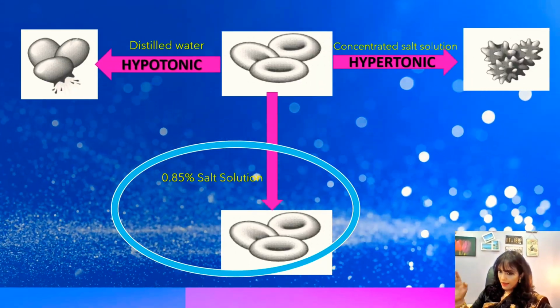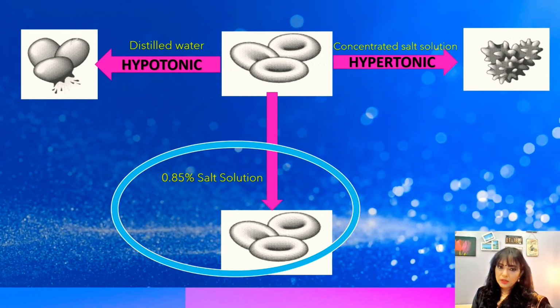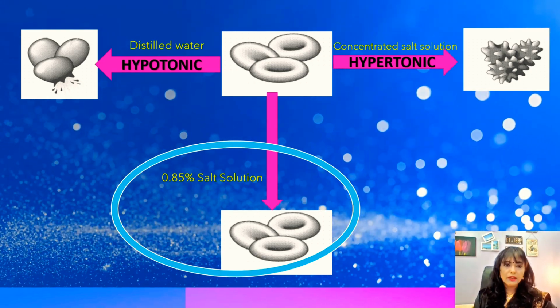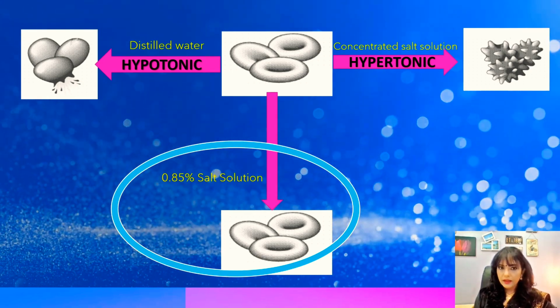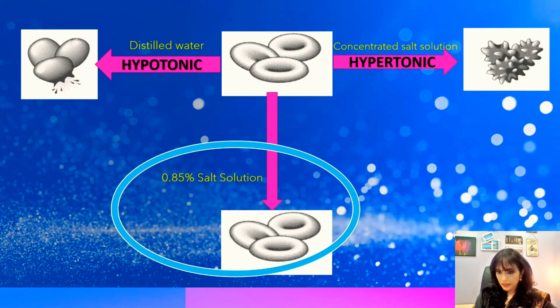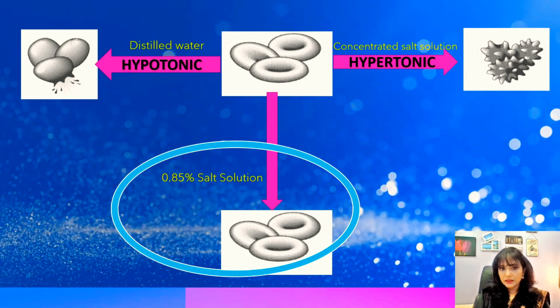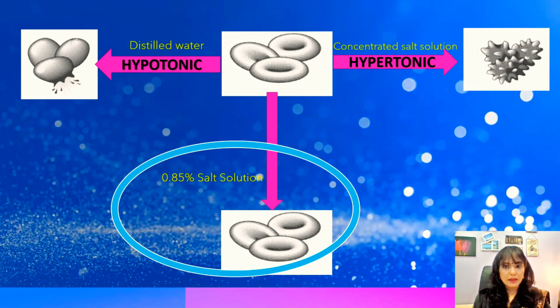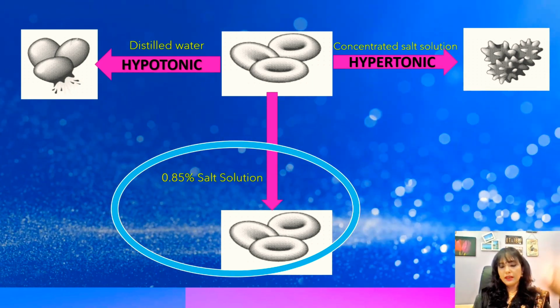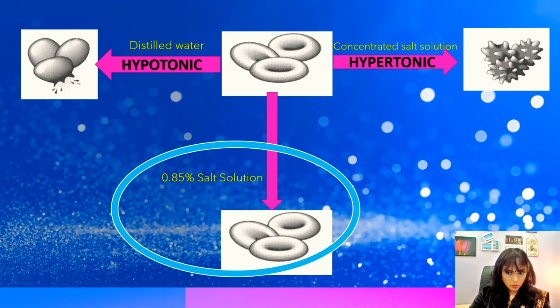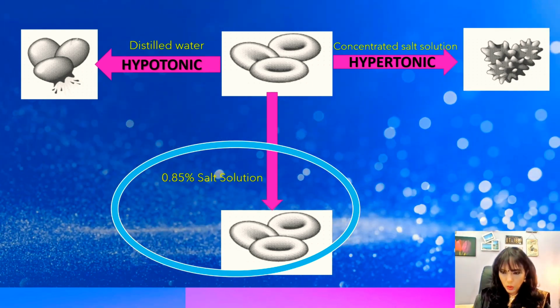Just to jog your memory, I've given you a question where a red blood cell has been immersed in 3 different types of solution. The first one is distilled water. We have tackled the hypertonic and hypotonic solutions in the previous video, so I'm not going to go into that, but just to give you an overview.